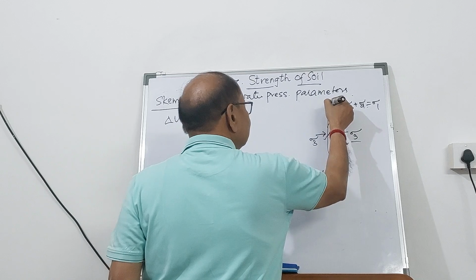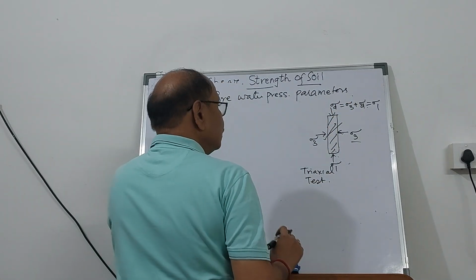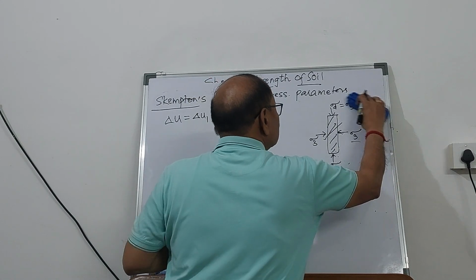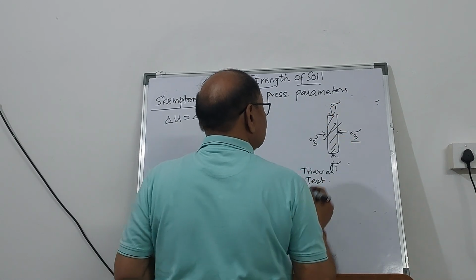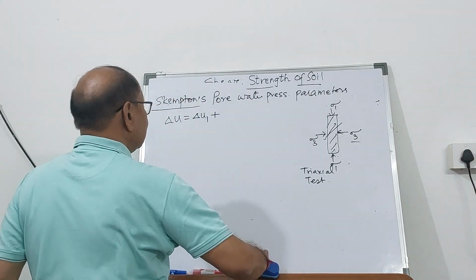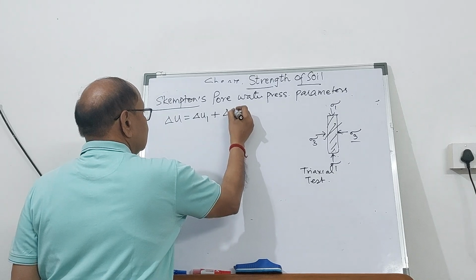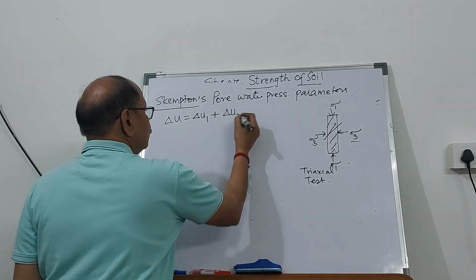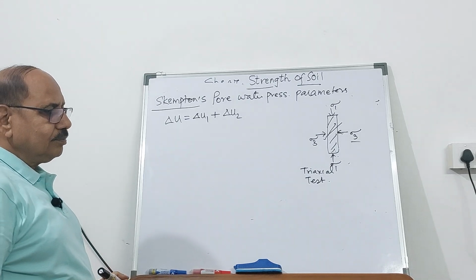Therefore, in this direction, this becomes sigma 1. So sigma 1 equals sigma 3 plus sigma D. So delta U2 is the increase when you apply the additional axial pressure.